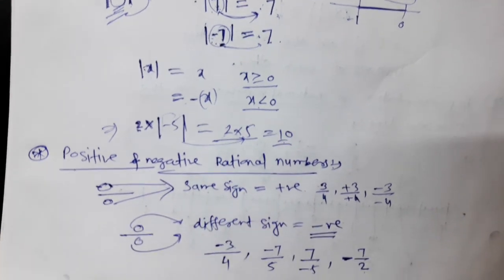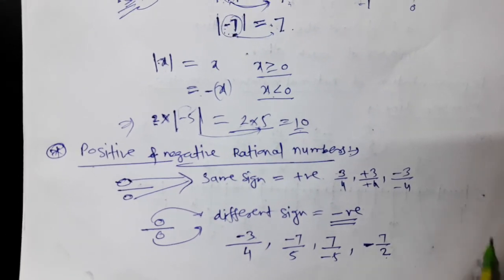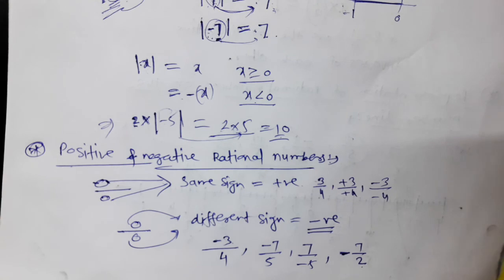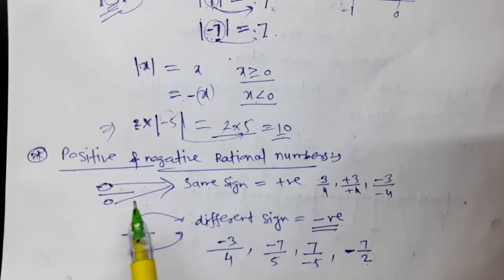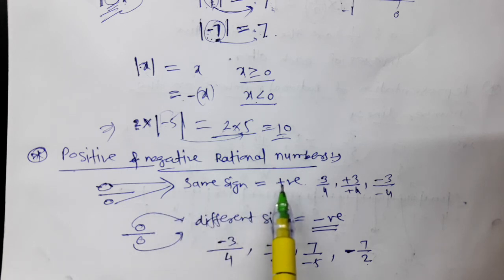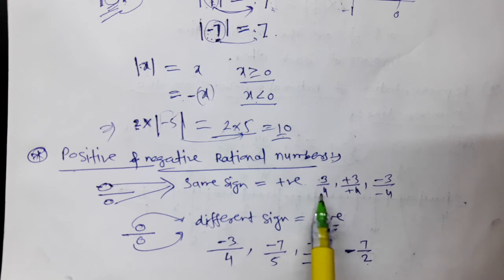Now the next point is positive and negative rational numbers. Positive rational numbers are those numbers which have the same sign of numerator and denominator. Here are some examples: plus 3 upon plus 4 is a positive number.